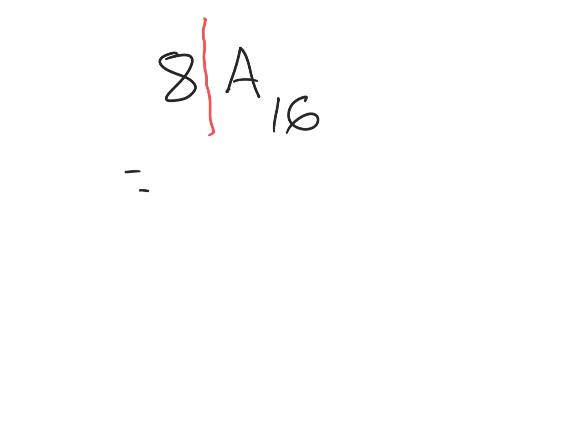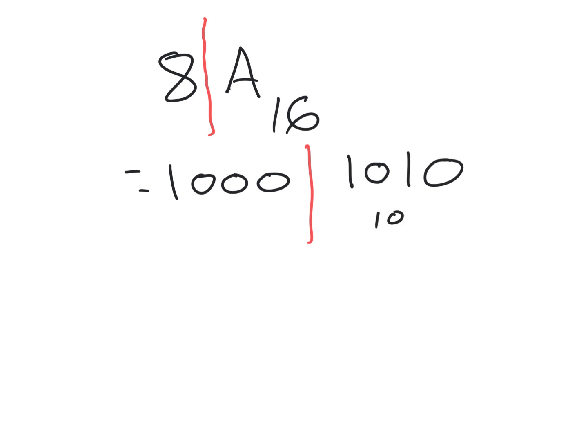So 8 is going to be 1, 0, 0, 0. Put a line. And then A is 10. So it's 8, 0, 1, 0. So if you add up the weighted positions of each of these, this will be 10 in decimal, and of course that corresponds to A.